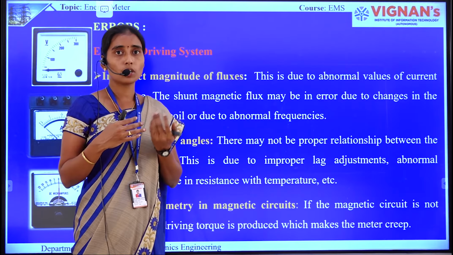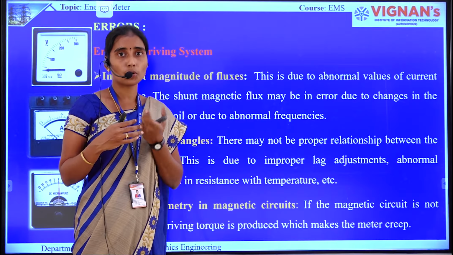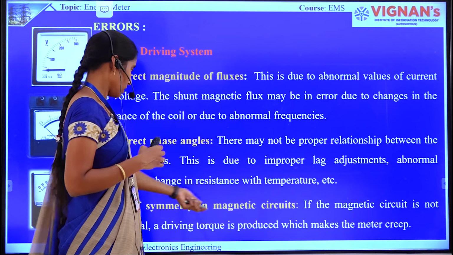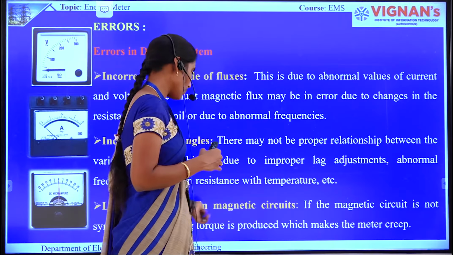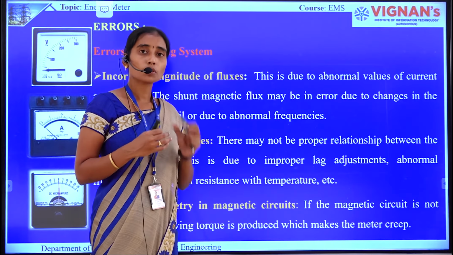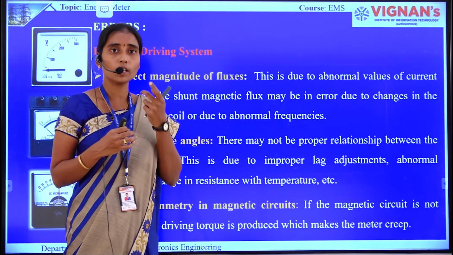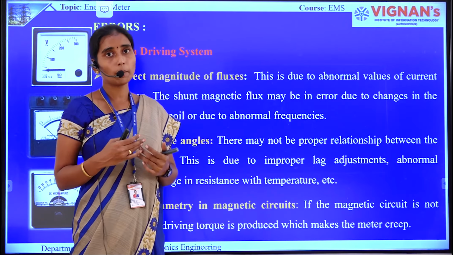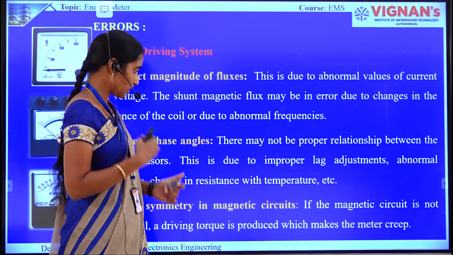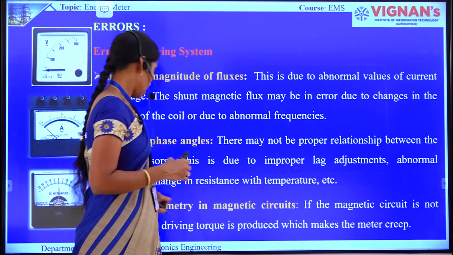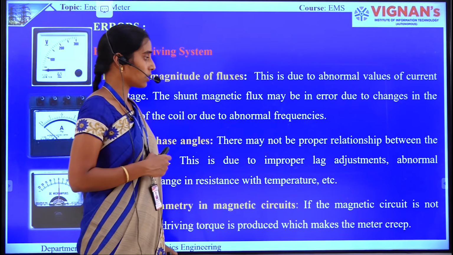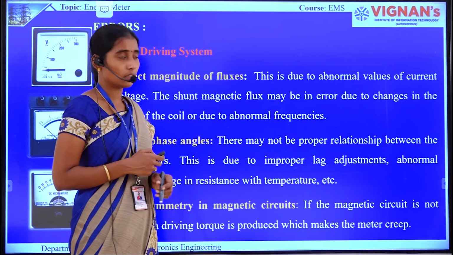Even in that situation, your aluminum disc tends to rotate. That is because of the lack of symmetry in magnetic circuits. So the movement of the aluminum disc, even though there is no current passing through the series coil, is nothing but creeping. So creeping is basically due to the lack of symmetry in magnetic circuits. This is the other error associated with your driving system.